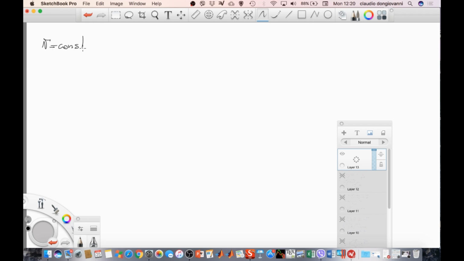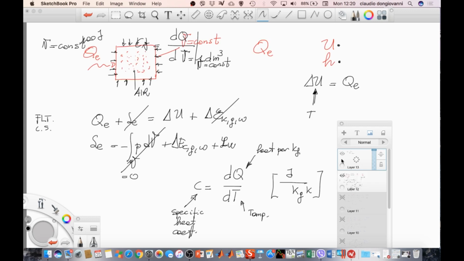So Cv is equal to dQ over dT along a constant volume process. A few seconds ago, we analyzed this problem.